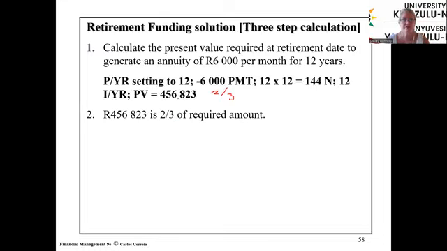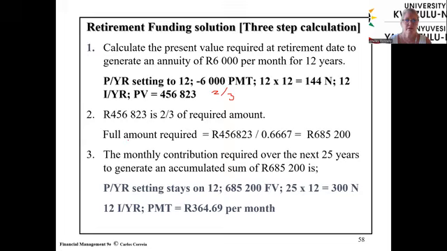So if 456,823 is 2/3 of the amount she needs, what is 3/3, or what is all of it? Sorry. So the full amount that she requires, we'll just divide 456,823 by 2/3, which is the same as multiplying by 3/2.